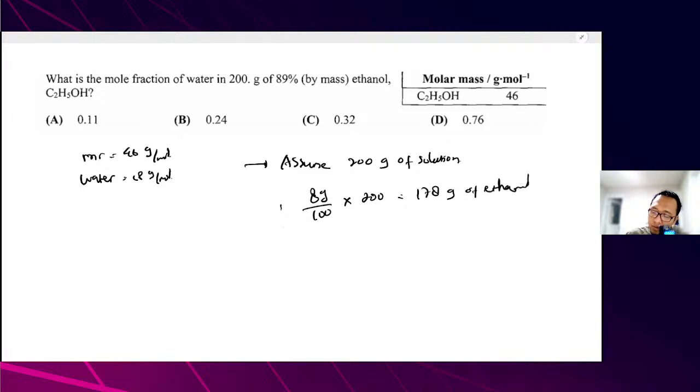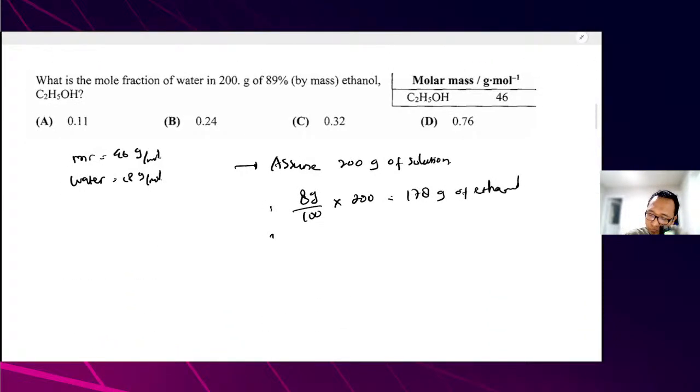And then for the other one, 100 minus 89, it will be 11. So for the remaining one, it is 11 per 100 times 200, so it will be 22 gram of water.